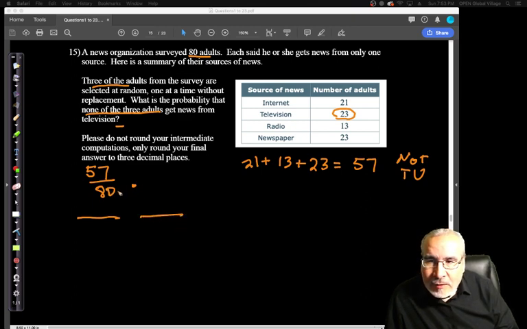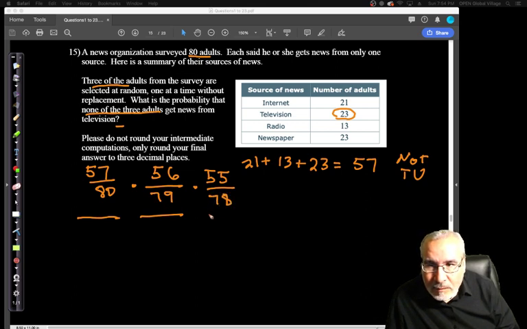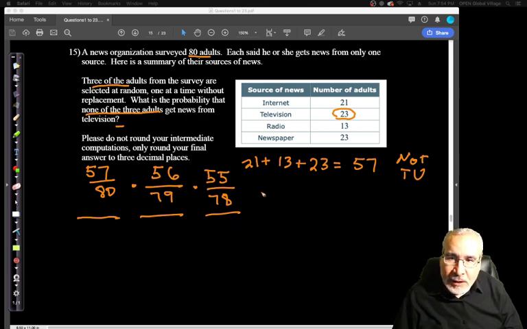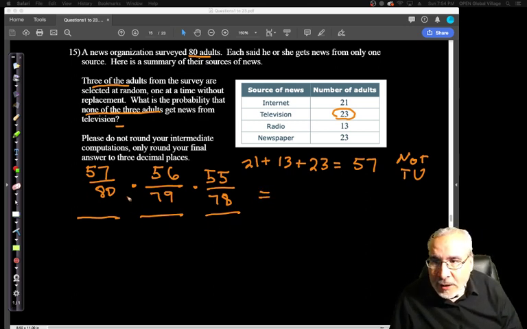We go to the second chance, and since we do not replace that adult back into the pool, we now have only 56 that do not get their news from television, and there are only 79 total left to choose from because we already chose. Now that we've chosen 2 of them, the next choice we have 55 out of 78. That's our third choice. Multiply these all together and we'll have our answer, and then we're going to round that final answer to 3 decimal places.